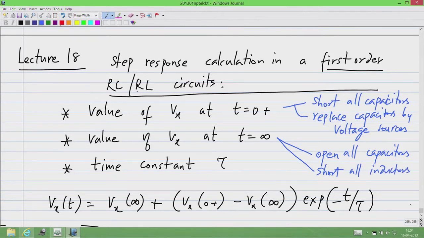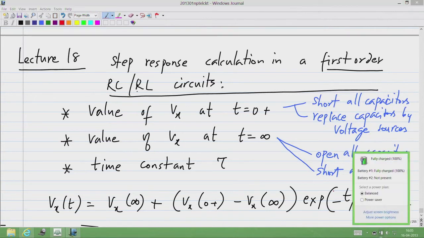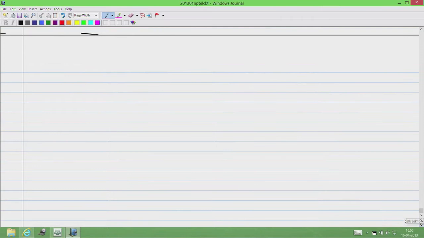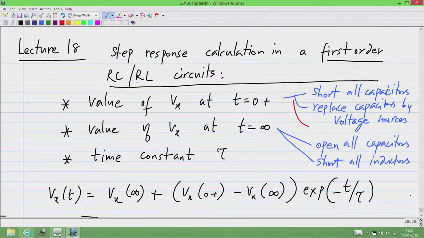And just like you replace capacitors by voltage sources that represent the initial condition for t equal to 0 plus, you have to replace inductors by current sources.